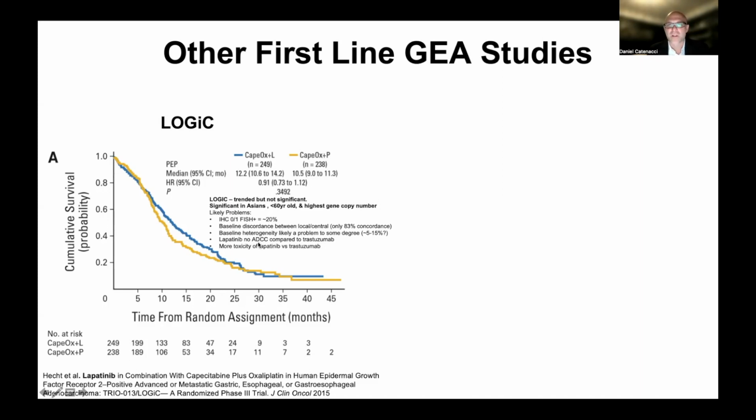And so more patients would come off therapy with lapatinib, and therefore would dilute out an effect of the lapatinib group. Putting all of these reasons together explains, in my view, why this study was negative with an anti-HER2 therapy for HER2 positive cancers and gastroesophageal adenocarcinoma.